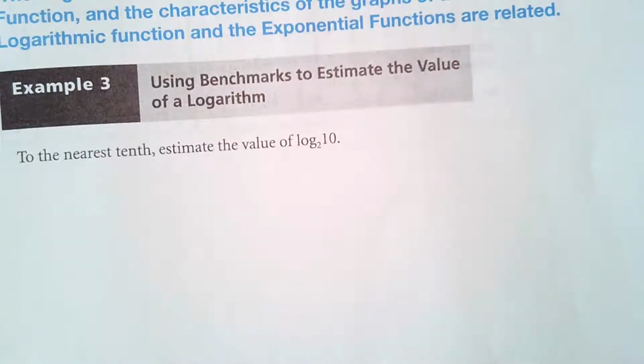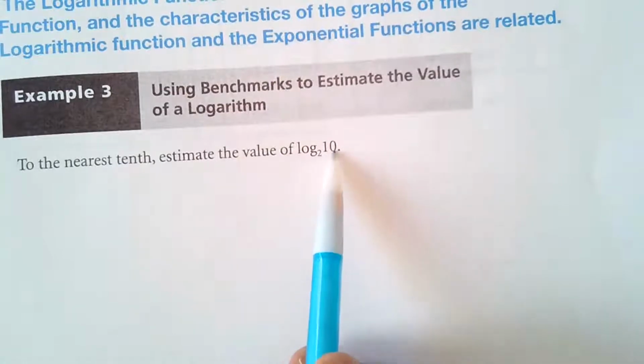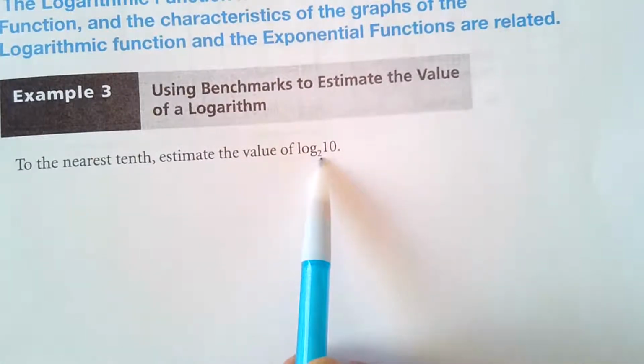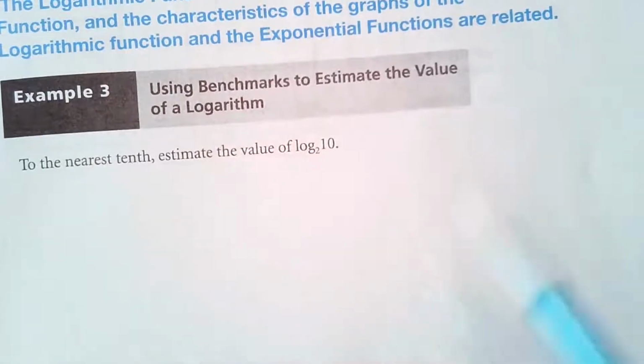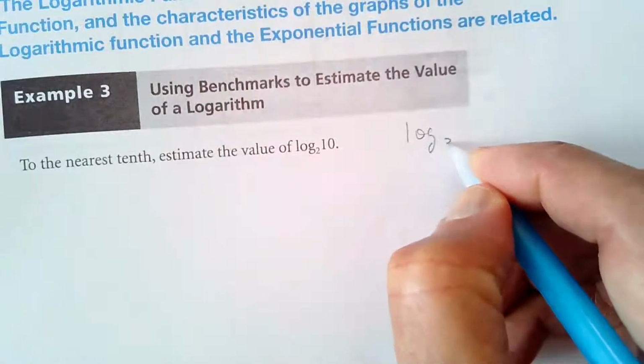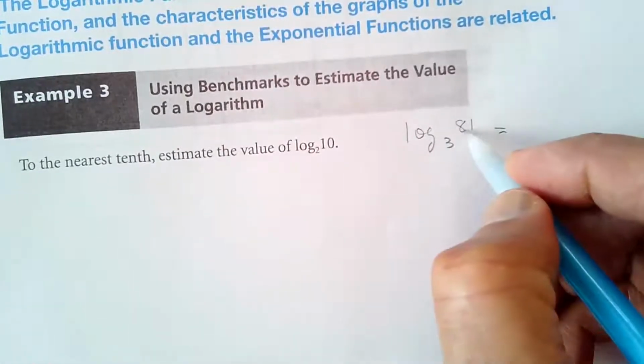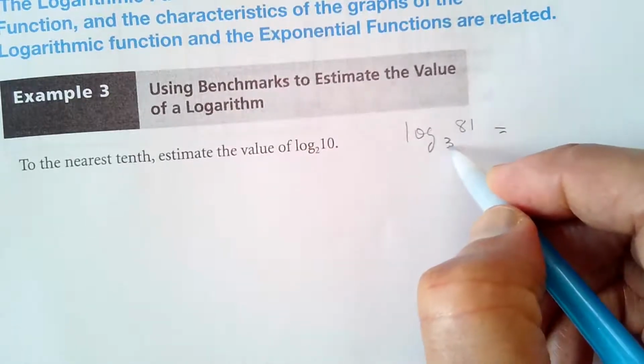Now, if you look at this log, 10 cannot be written as a power of base 2. What I mean by that, let's say we have log base 3 of 81. Now 81 can be written as a power of 3.